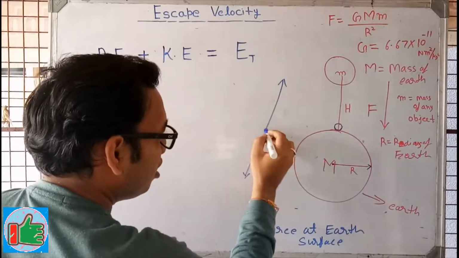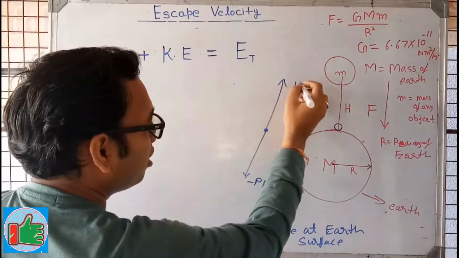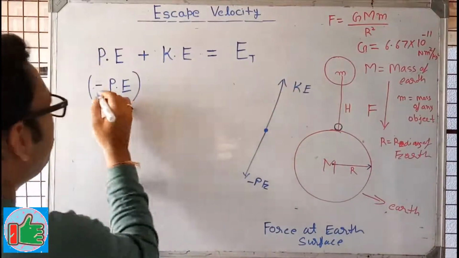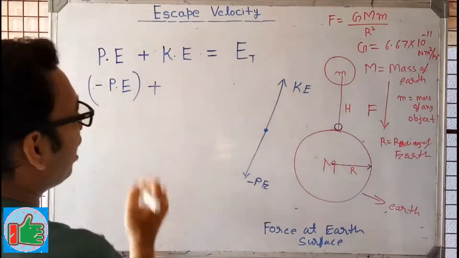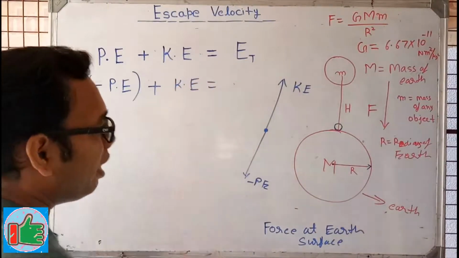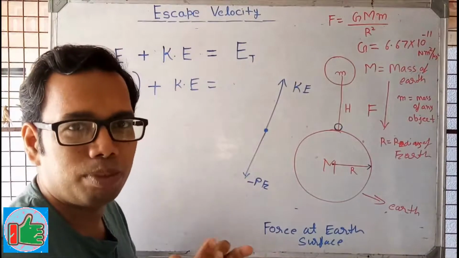So minus PE plus kinetic energy KE is equal to zero in the case of equilibrium, when both forces of attraction become equal.